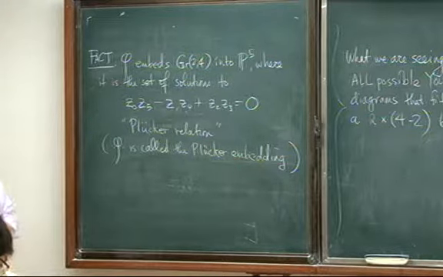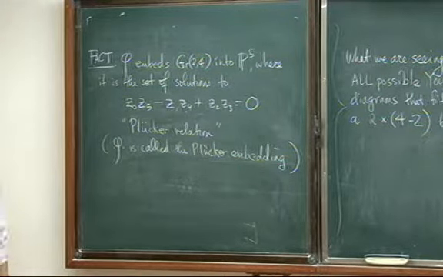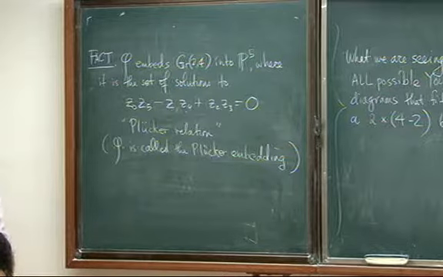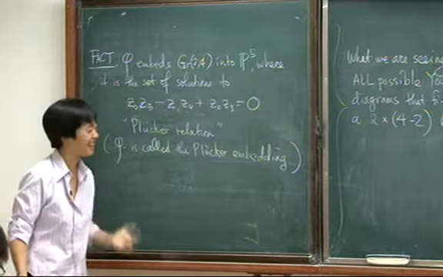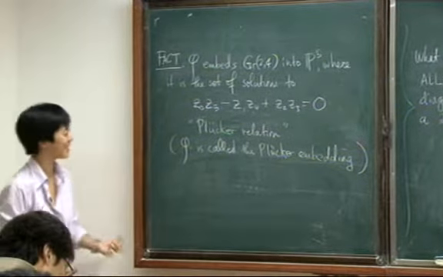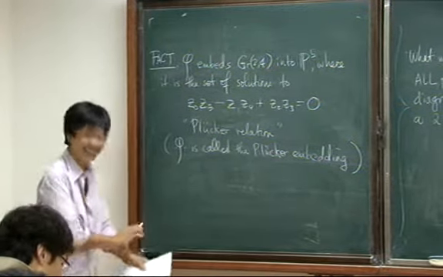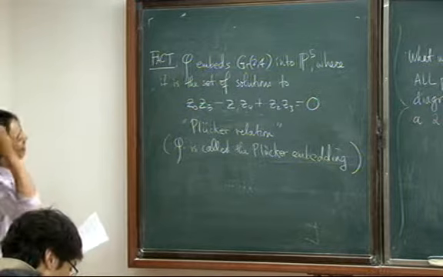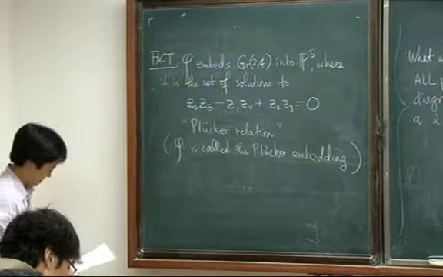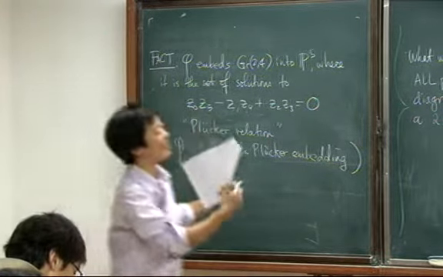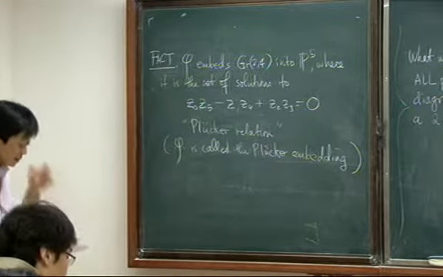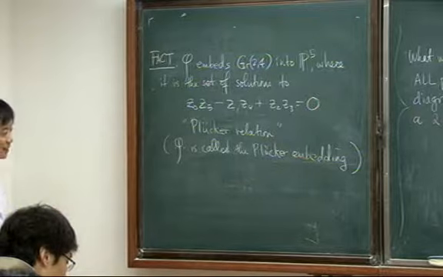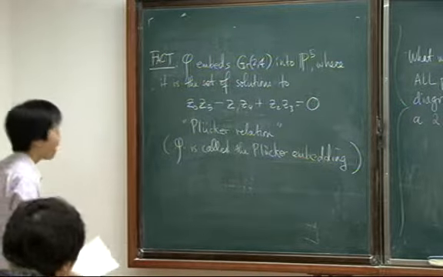I can't say it properly. I say it the way all Americans say it, and I never studied German, I'm afraid. Very good. As I say, I felt I would not be doing justice if I didn't at least mention the Plücker embedding. So there is another way to think about the Grassmannian. It's just a projective variety.